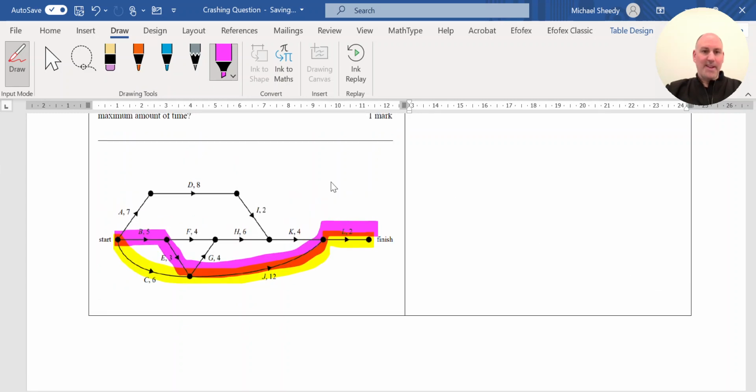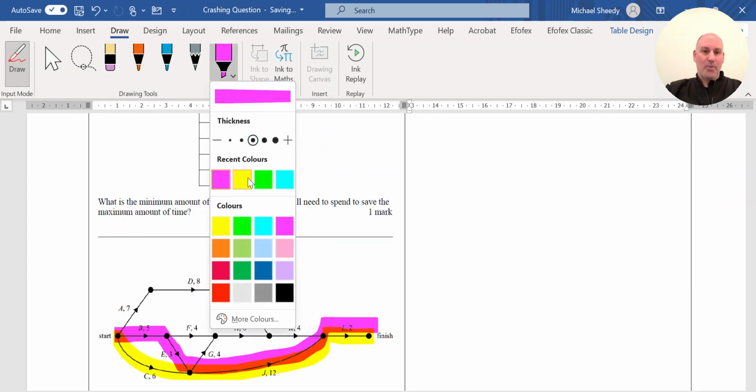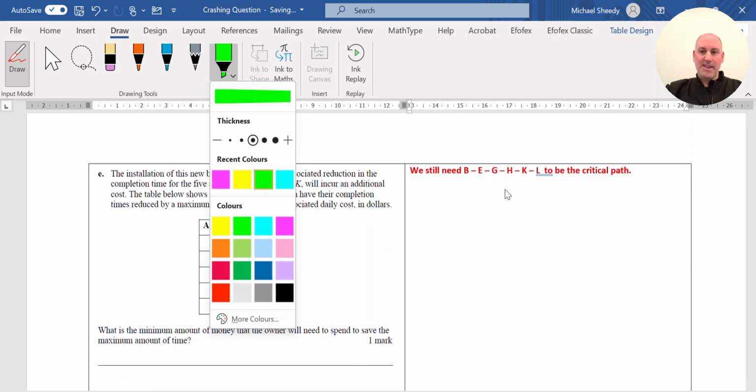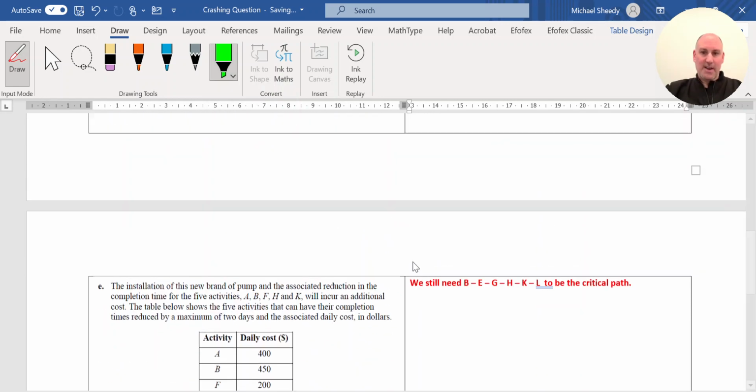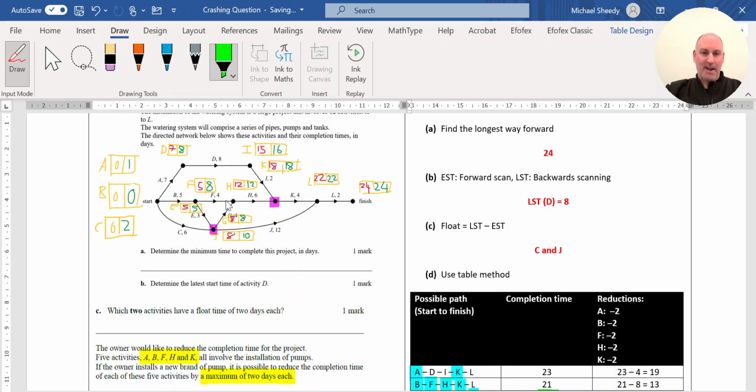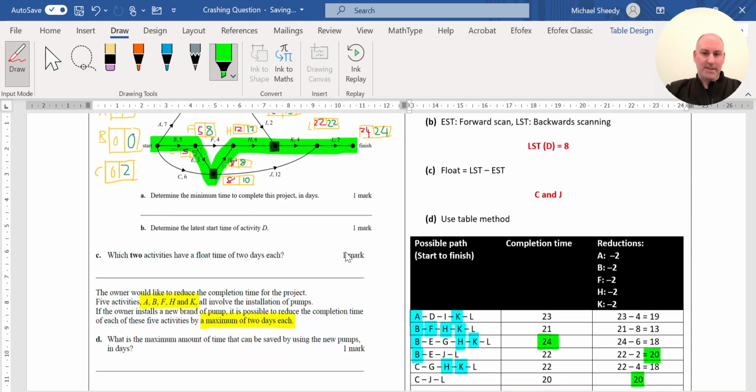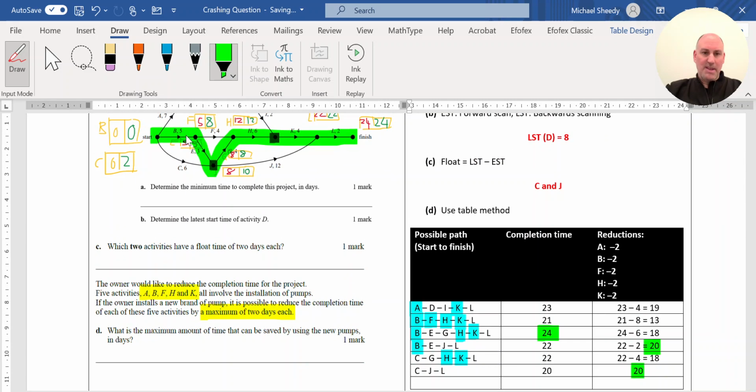So, we need to keep in mind that I want BEGHKL to be my critical path, the original critical path. If I come back up here, just to highlight that for you, that is going like this. That's the original critical path, BEGHKL.